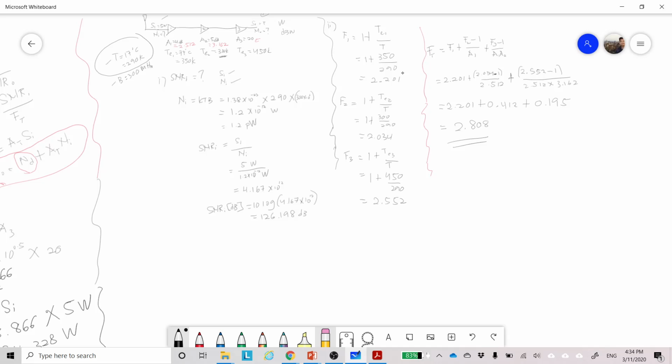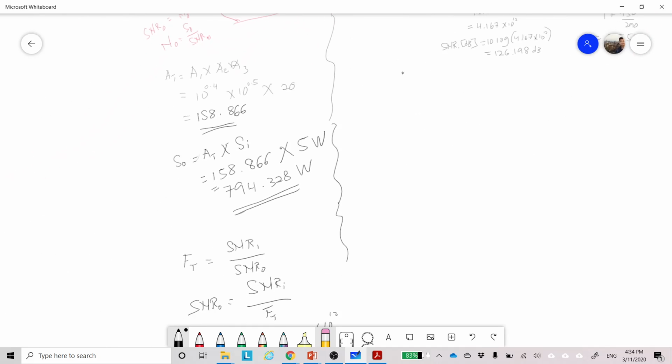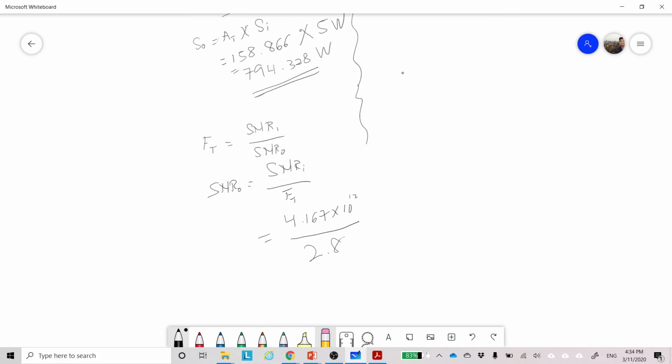F total kita dapat tadi 2.808. Ni boleh cari berapa ni? So here adalah bersamaan dengan 4.167 kali 10 kuasa 12 dibahagikan dengan 2.808. So 1.484 kali 10 kuasa 12.